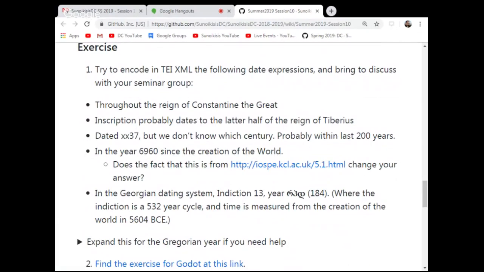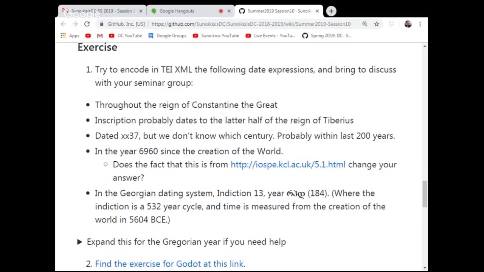Here there are 5 examples of dates which we've expressed in prose, and we wanted you to try to encode them in TEI using the dating module that I showed you earlier, and the custom dating module where needed.